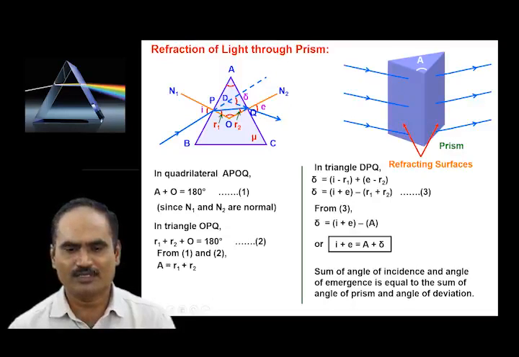Summing these two, delta is equal to I plus E minus (R1 plus R2). Call this equation number 3. From 3 and using A equal to R1 plus R2, you can write delta is equal to I plus E minus A. That is, I plus E is equal to A plus delta.